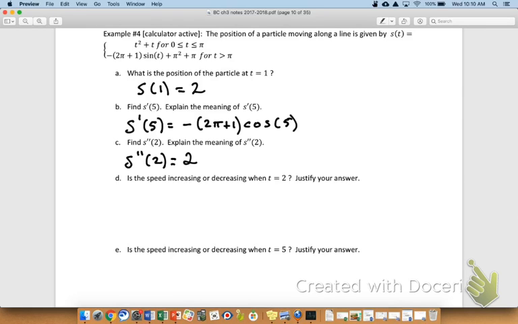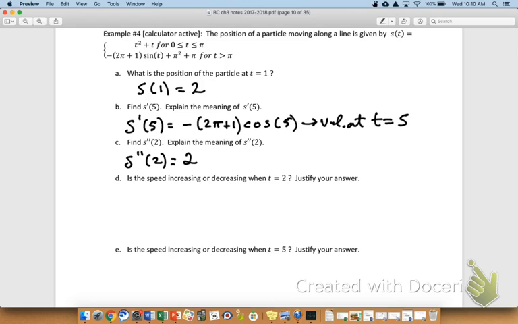I would love to hear your thoughts on B. What do you think the meaning of B is? Like, what is that? Velocity at t equals 5? Yeah, I agree. So this is velocity at t equals 5. All right, and then how about C?